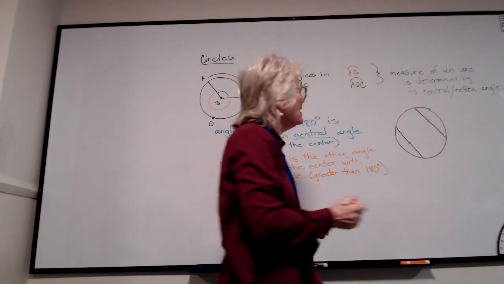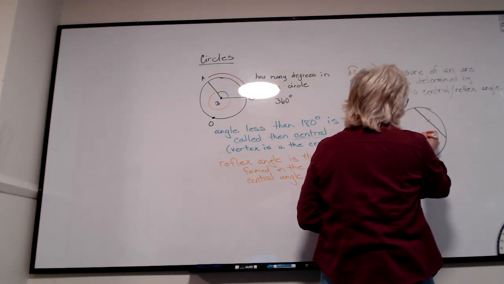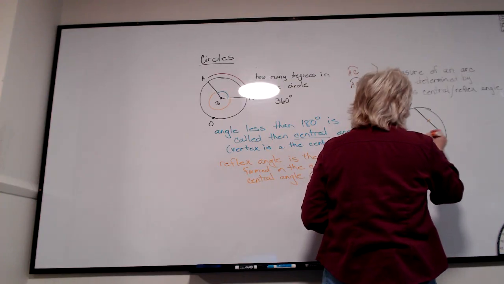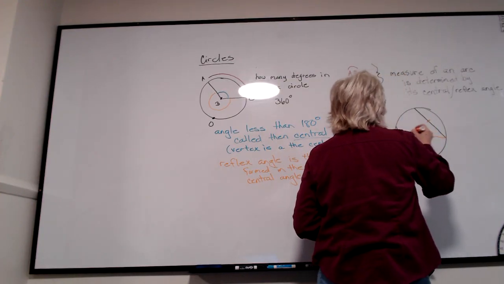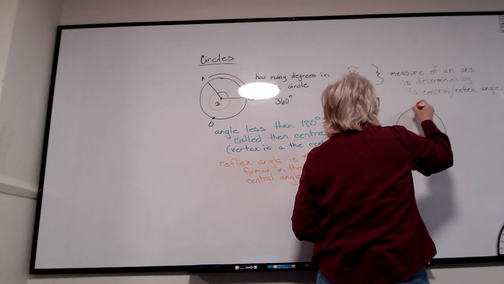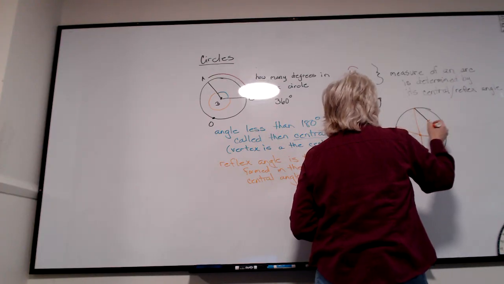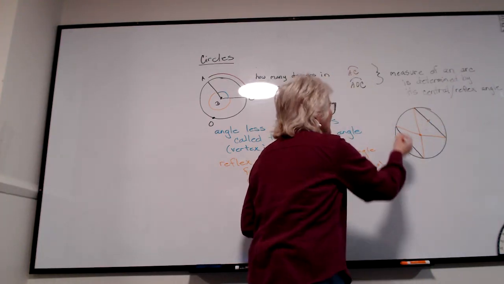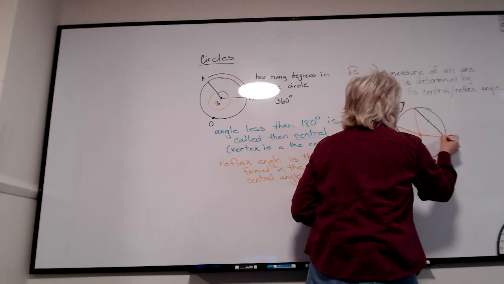So if I were to take this center and go out to here, out to here, out to here, out to here, what do I know about these two angles right there? This is actually a straight line.